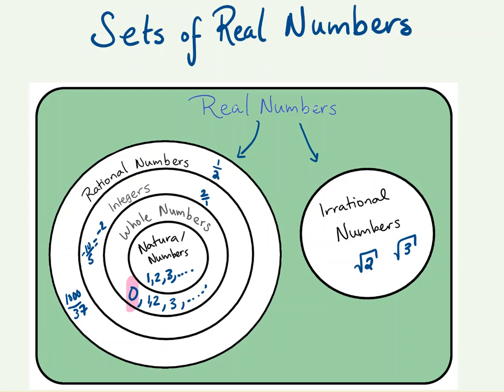Then we have integers, and the way integers expand this is they now consider negative integers. Specifically, that expands past the whole numbers, -3, -2, -1, 0, 1, 2, 3, and continuing. And then we've got rational numbers that include fractions of integers. That's all of this category of real numbers. And then we've got the irrational numbers.